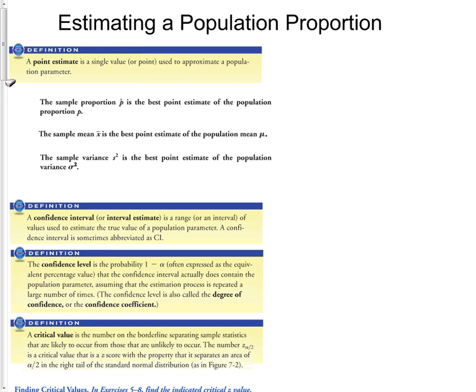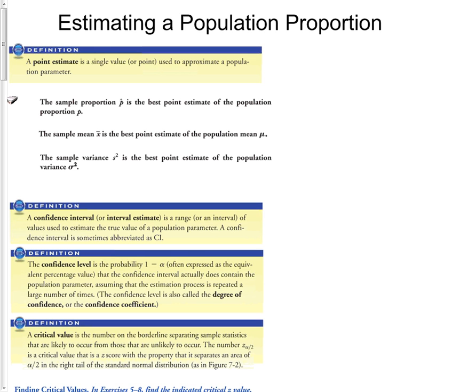Now, the problem with a point estimate is that we can have zero confidence in a point estimate because a point estimate is a single number. So for instance, if we were talking about the average age of all men, well, the population of all men is a huge population, so it would be impossible for me to actually calculate mu because I'd have to look at the age of every single man alive, and then I'd have to find the arithmetic mean, and that would give me mu.